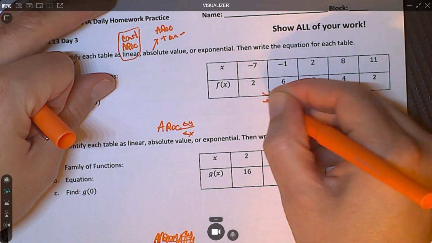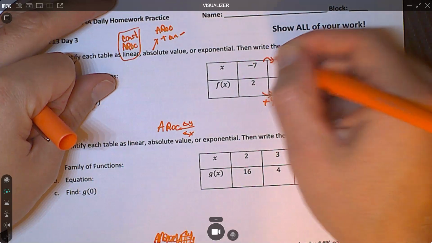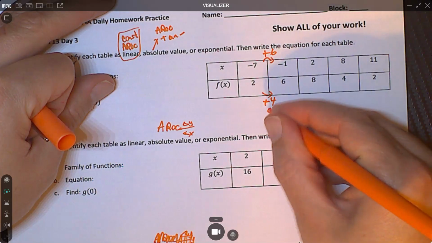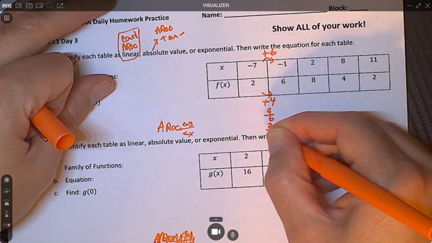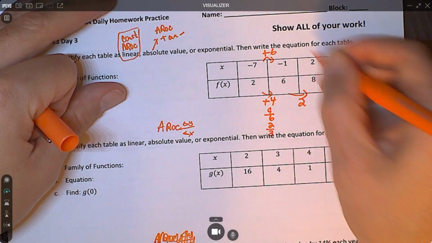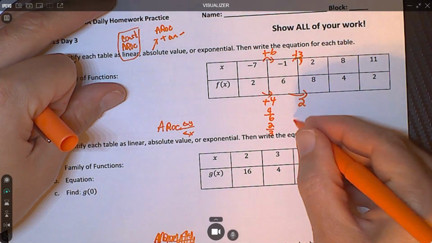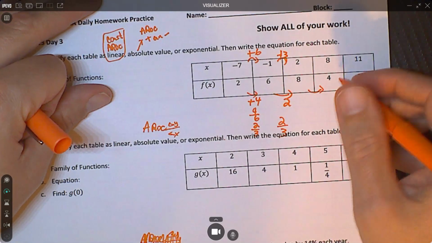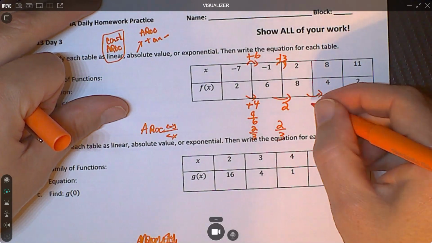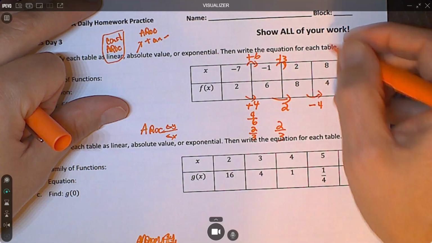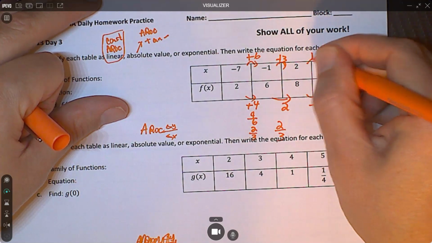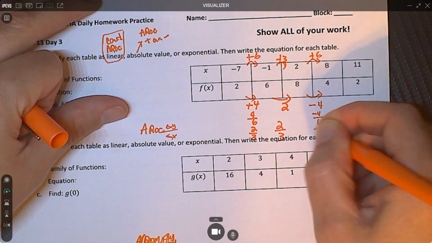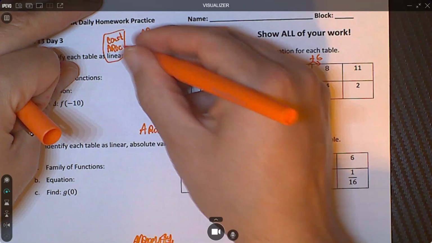Down, up 4. Up 6. So 2/3. 2, up 3. 2/3. Down 4. Up 6. See, there's negative 2/3. So linear is out.